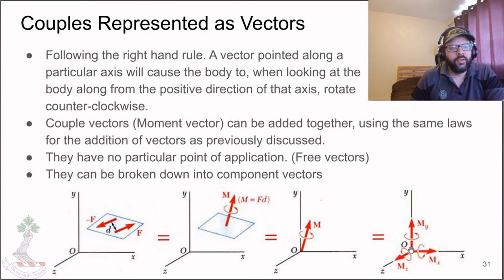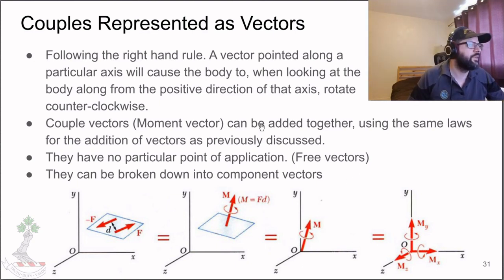If you add a strong tendency to twist about the y-axis, with a little bit of a tendency to twist about the x-axis and the z-axis, that results in the same tendency to twist about an axis oriented in this direction.